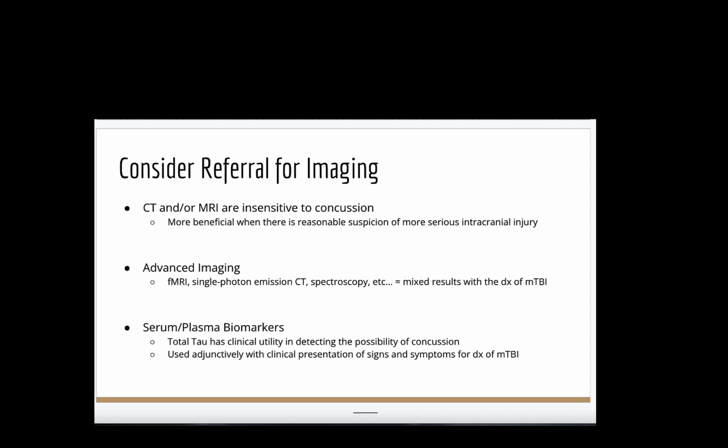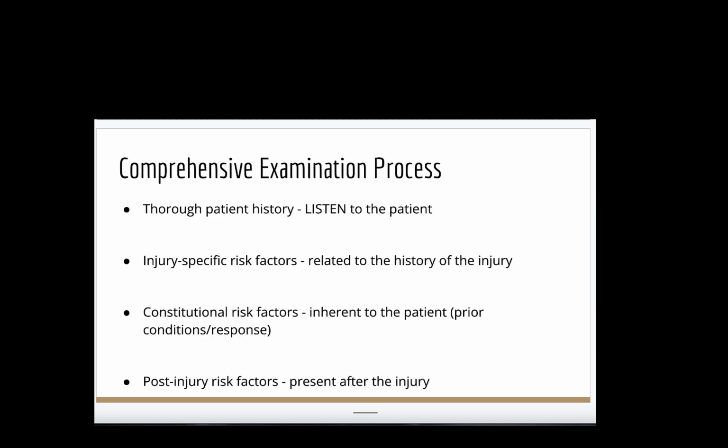Serum and plasma biomarkers has been good, but to be honest with you, the best way to truly identify whether or not somebody has a mild traumatic brain injury is going to be clinical presentation of signs and symptoms along with differential diagnosis to rule out more significant causes. So a comprehensive examination process is important. You really need to listen to the patient to get a thorough patient history.